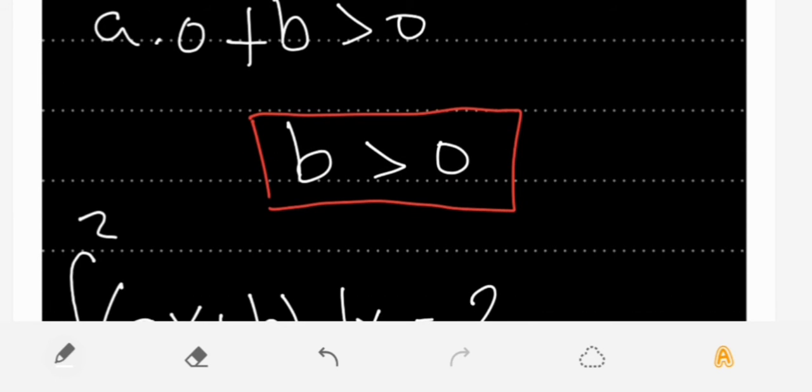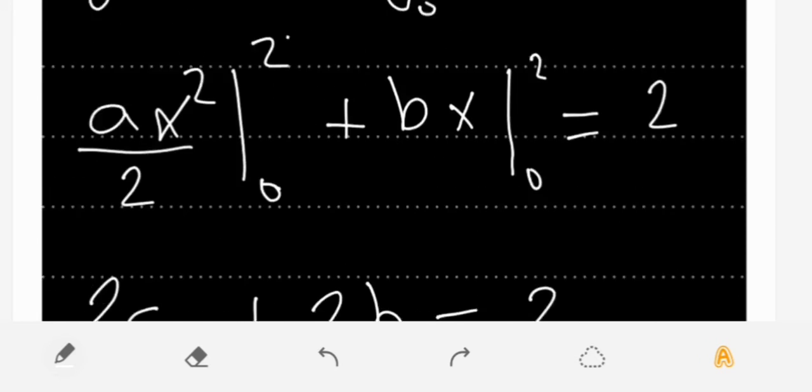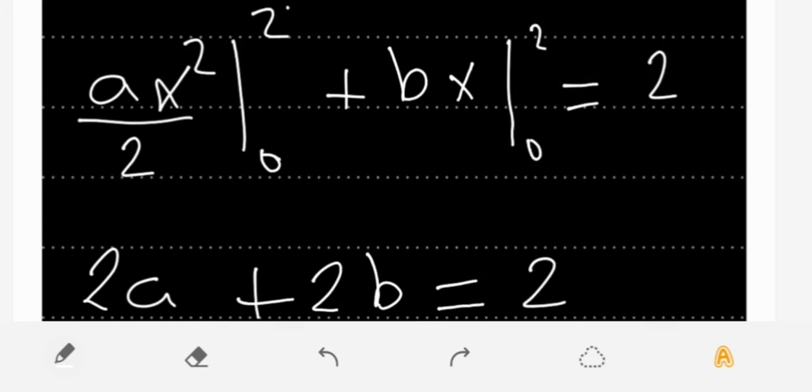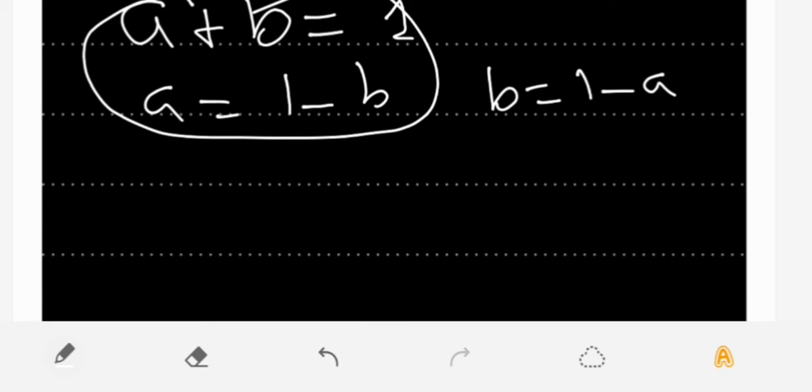The next condition I'm going to use is the second integral, which is going to give me a's and b's too.